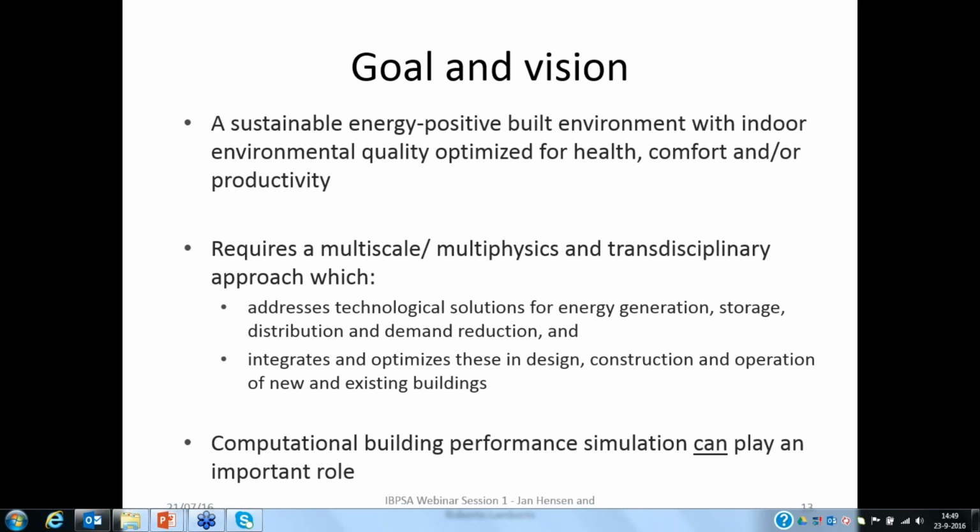We need to think of technological solutions for energy generation, storage, distribution and demand reduction, and to integrate and optimize that in design, construction and operation of new and existing buildings. This is a tremendous task, I think, which will require lots of brain power from many people. But we also think that computational building performance simulation can play an important role in this.